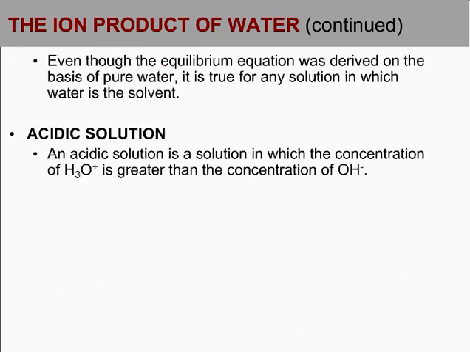All right, so we said that Kw is equal to the concentration of hydronium ions times the concentration of hydroxide ions. But we can also use this relationship for other solutions, so we don't necessarily have to use it for just water.